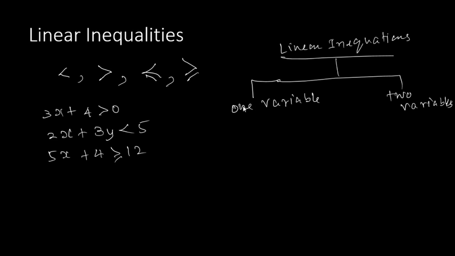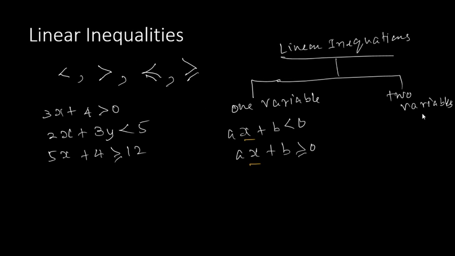In this case, we can put ax plus b is less than 0, or ax plus b is greater than or equal to 0. So these are all having only x as the variable, because one variable, others are coefficients or constants.